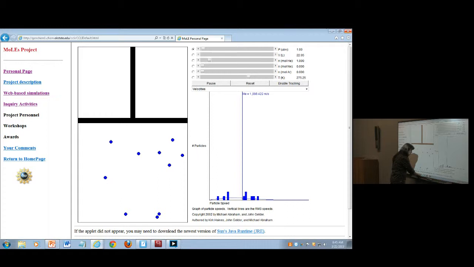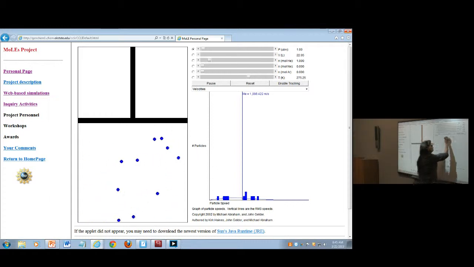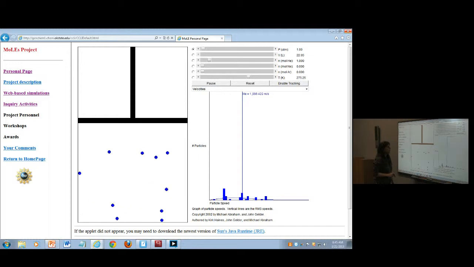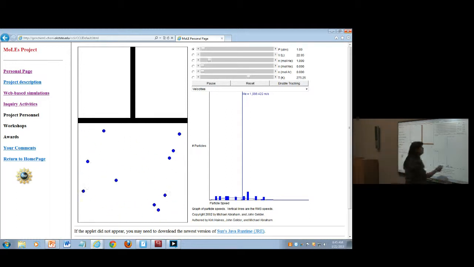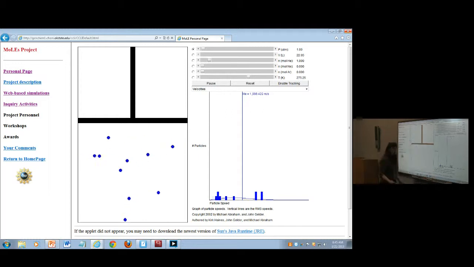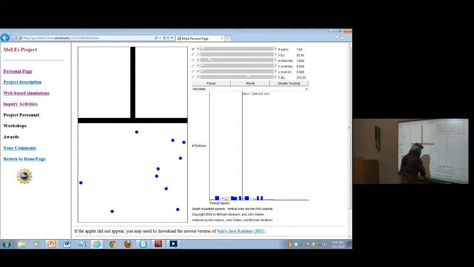Now, I'm sure you can't see this, but what I want you to do is keep your eye on this. That is the average speed in meters per second, so the average velocity of helium in this sample of gas. This isn't going to change, but I'm going to change some other things.